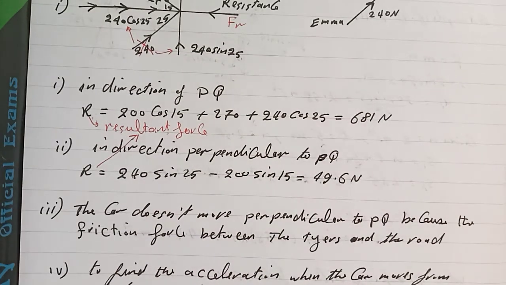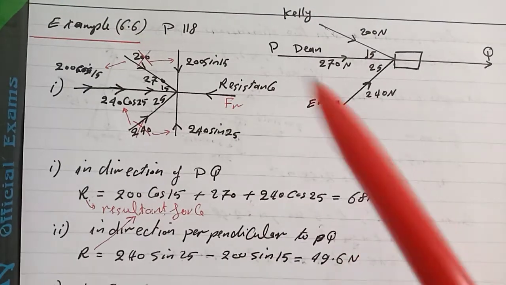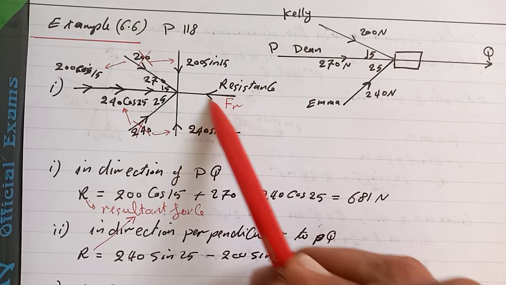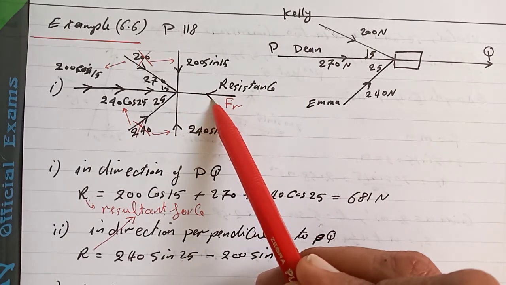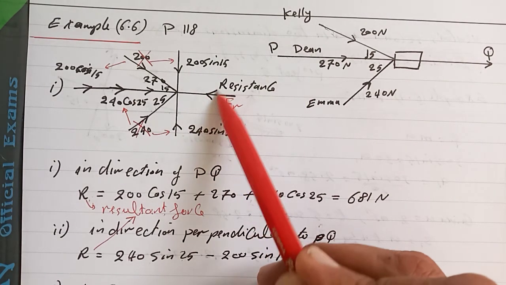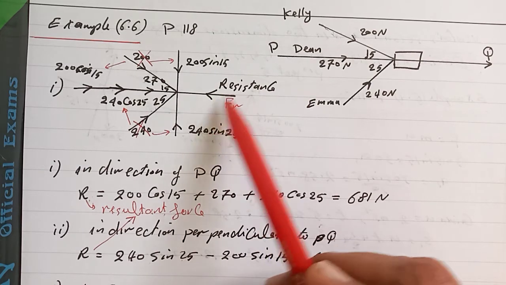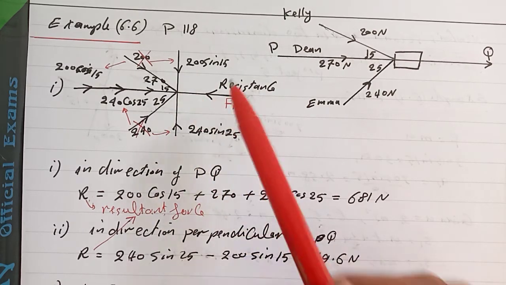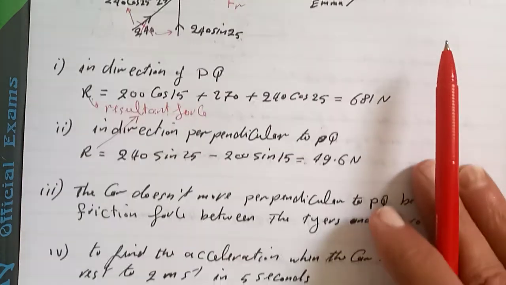And number IV, calculate the force of resistance to the car's movement in direction of PQ. Let's consider a force of resistance working against the car. This came from the friction, also of the tire and the weight.